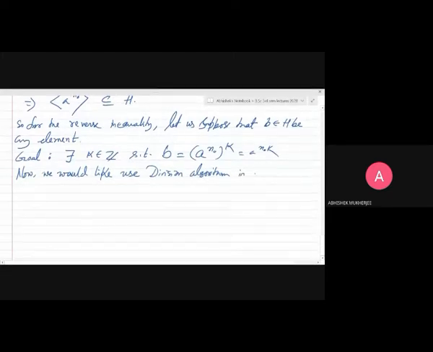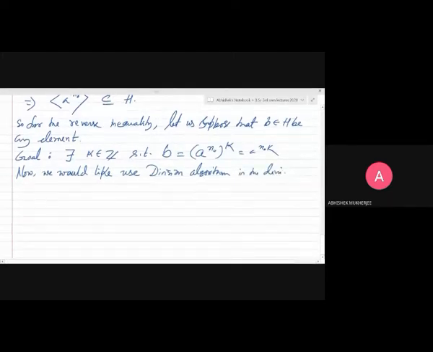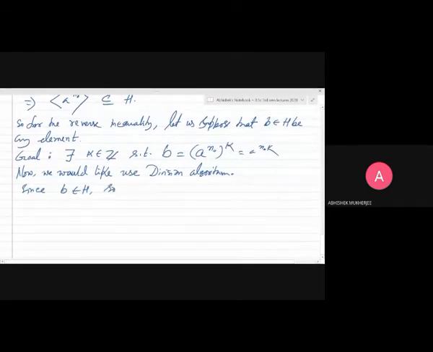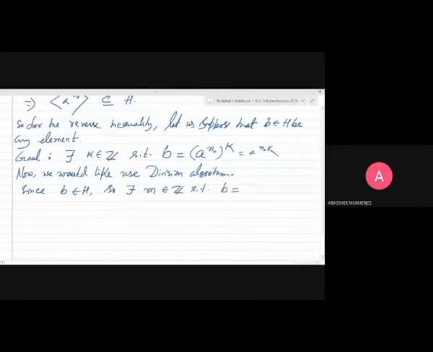Now since b belongs to H, and H is a subset of the whole group G, which has been generated by a, that means there exists some m belongs to Z such that b can be written as a to the power m.